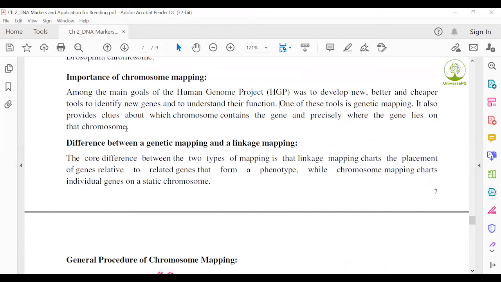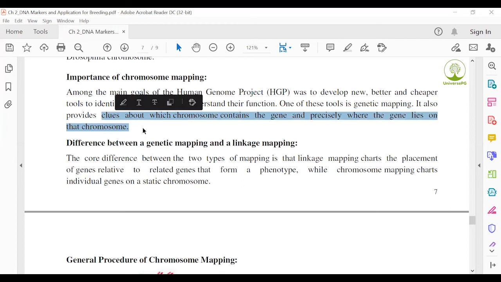It also provides clues about which chromosome contains the gene, and which gene performs which types of function. We also clarify by chromosome mapping precisely where the genes lie on the chromosome, and which genes' activities and functions are also identified by chromosome mapping.